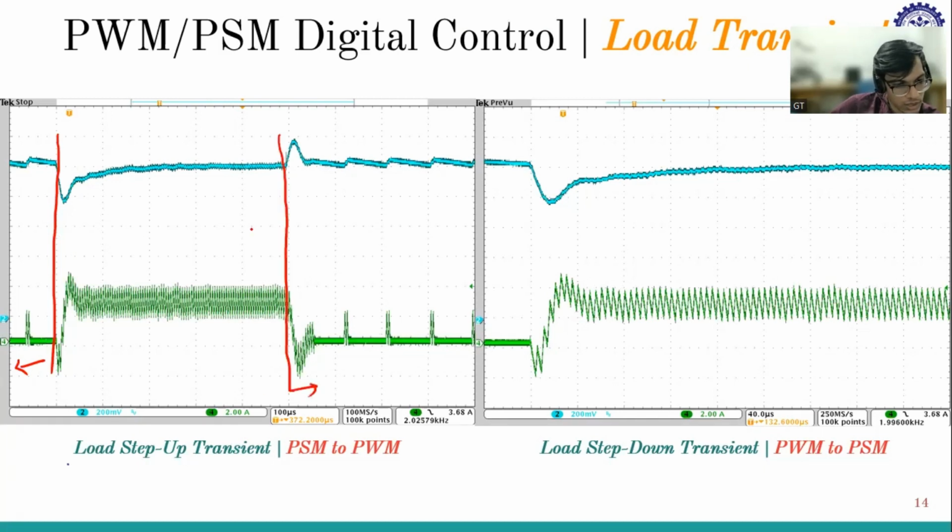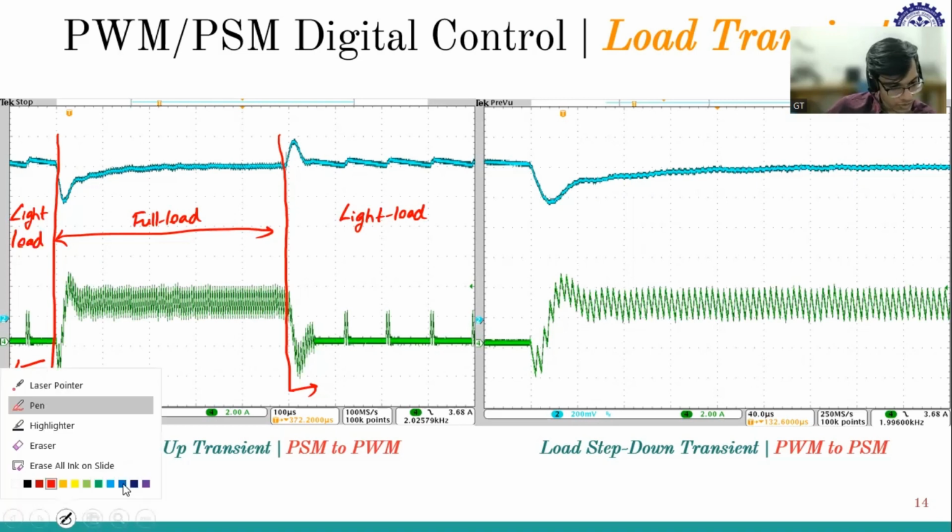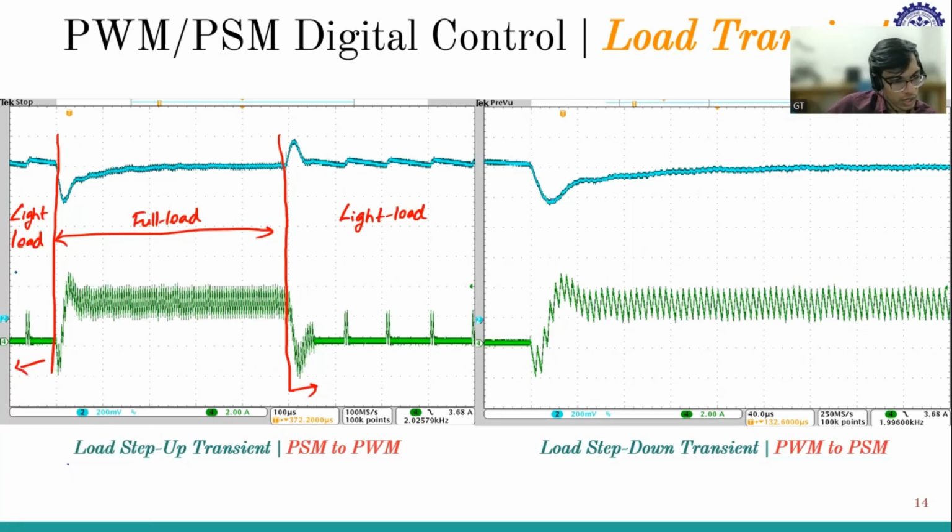So this is like full load or high load. So full load. And this is light load. This is also light load. So here it is PSM, here it is PWM, and here again it is in PSM.